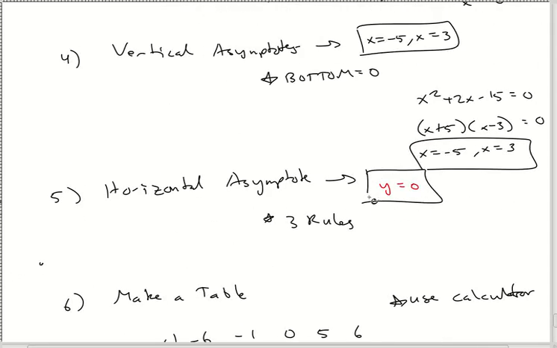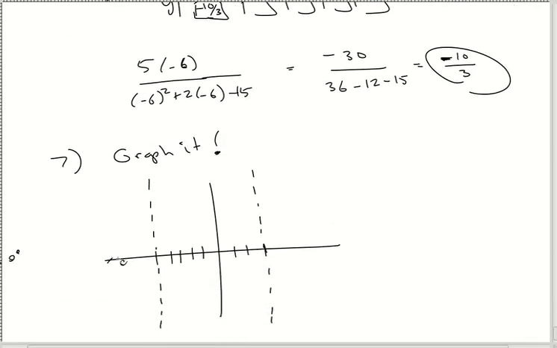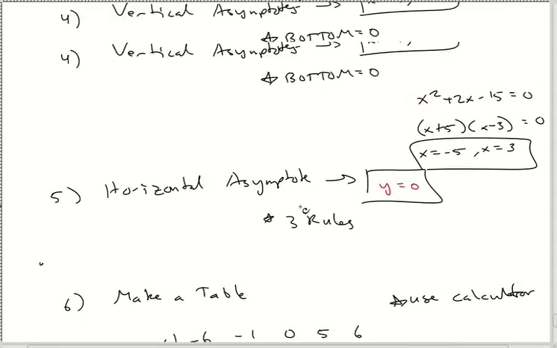My horizontal asymptote's at 0. So this is my horizontal asymptote as well as the x-axis. It just so happened to be that way in this problem. So I don't want to cross that unless it's absolutely necessary. Never cross a vertical, but you can occasionally cross the horizontal.